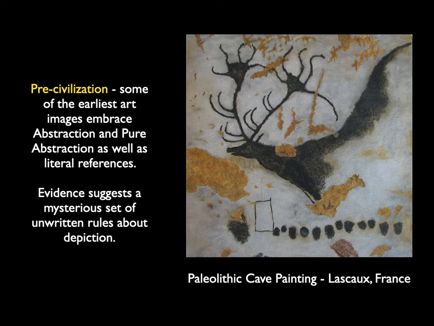This Paleolithic cave painting from Lascaux is an example of this. You can see images that are relatively lifelike, like the contours of the animal, but then as these antlers come out, they deviate from a pure naturalism or pure representational kind of image, and certain things start to become exaggerated about the way they splay out.